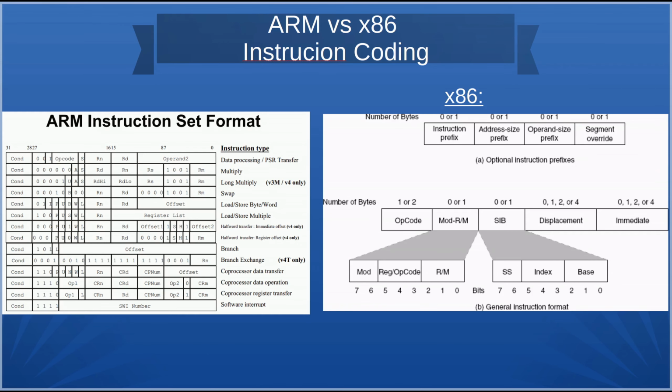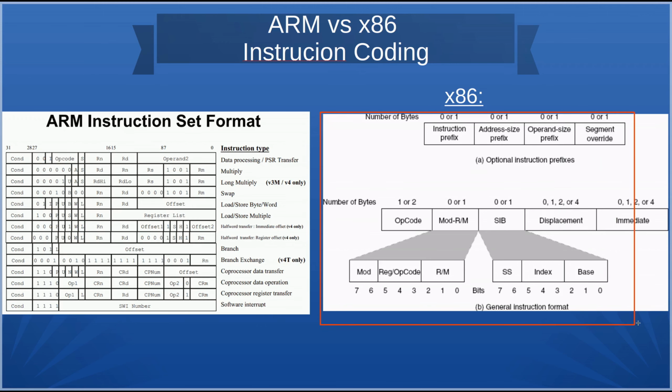This slide shows the difference between the coding of the ARM on the left side and the coding of the x86 on the right side. You can see here that the ARM is using 32 bits, a fixed coding. Actually, there are some 14 different codings, but it's always 32 bits wide. On the other side, you can see x86.